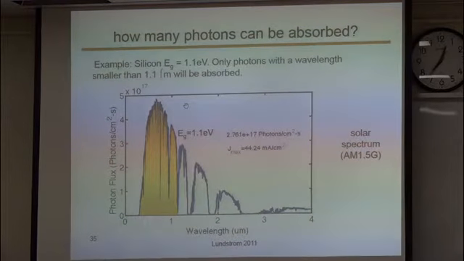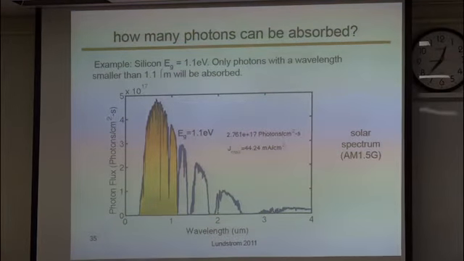Okay, so let's think about the silicon solar cell. Basically, silicon has an energy band gap of 1.1 electron volts, as measured by people. Since we have to absorb solar light with energy higher than the energy band gap, in the case of silicon we need solar light in this region.